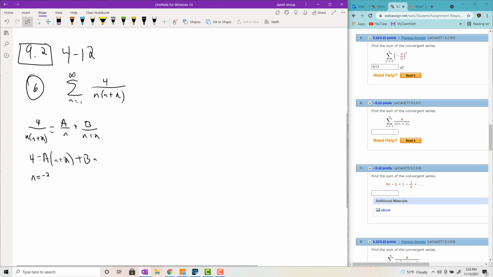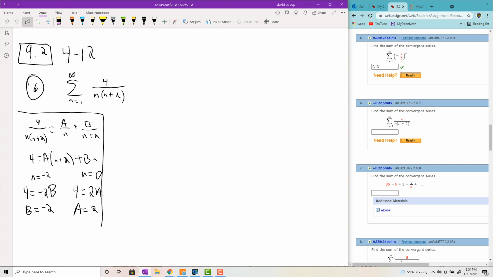So let n equal -2. So 4 will equal 0 times A, which is 0, plus -2 times B. So it looks like B is -2. Then let n equal 0. So 4 will equal A times 0 plus 2, which is 2A, plus 0 times B, which is just 0. And then A will equal 2.